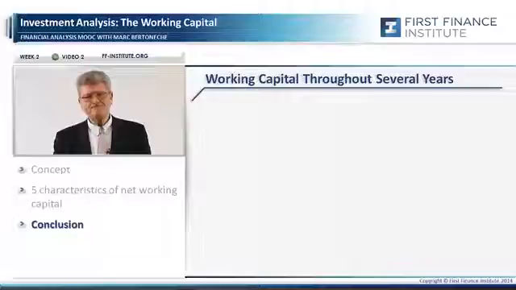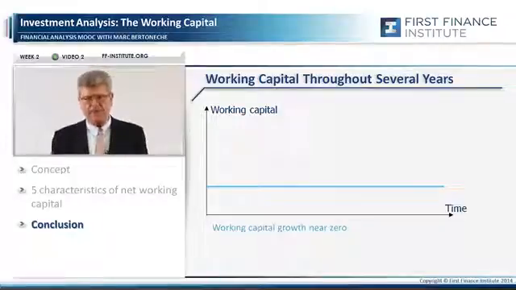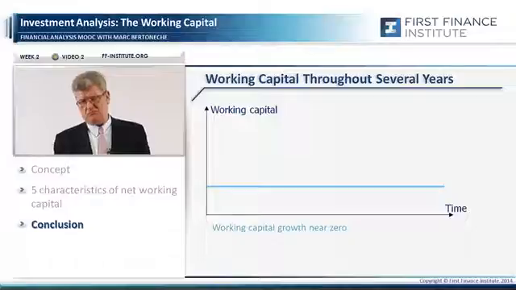To conclude, let's look at the evolution of the net working capital of a typical company. You have first the fixed part of the net working capital, the one that you need even if your business is not growing. This is the horizontal line.